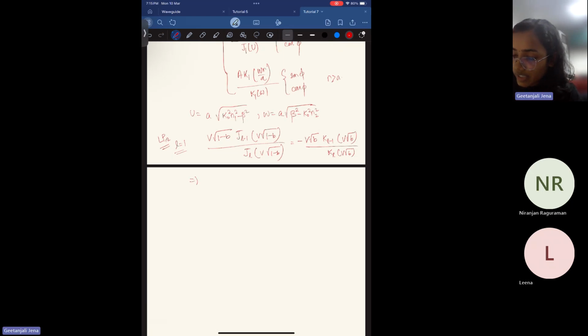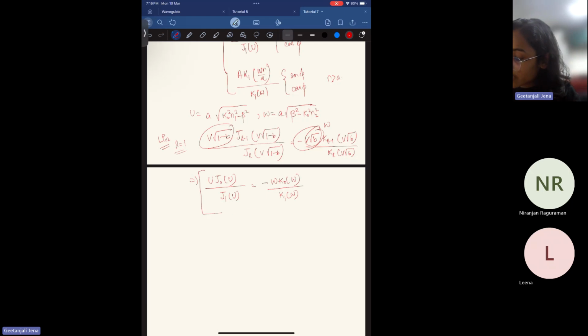So that means we have U. V root of 1 minus B is U, and V root of B is W. So we have U J0(U) by J1(U) equal to minus W K0(W) over K1(W).